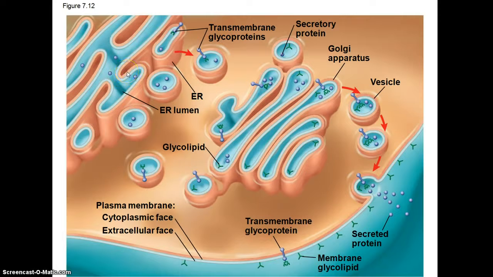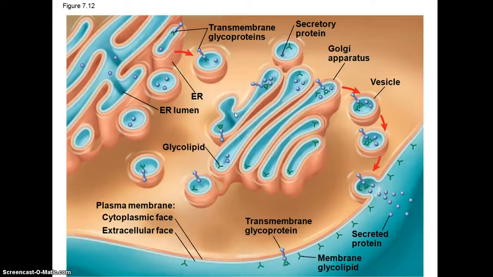The carbohydrates, the little green molecules, are added to the transmembrane proteins, turning them into glycoproteins. Remember, carbs attached to proteins. The carbohydrate portions may then be modified.